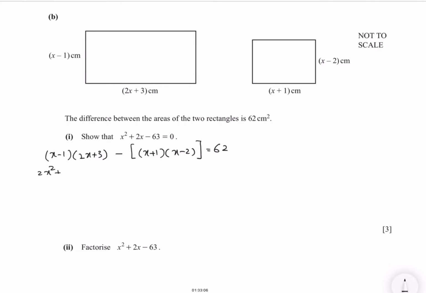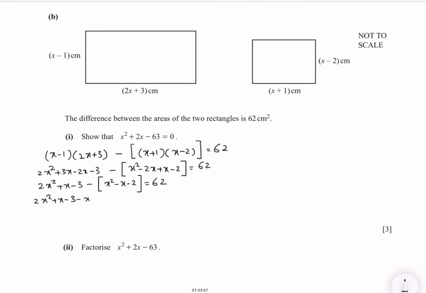Multiply out the bracket first. Now solve the like terms. Now open the bracket. Now simplify it. Here you go. So this is shown.